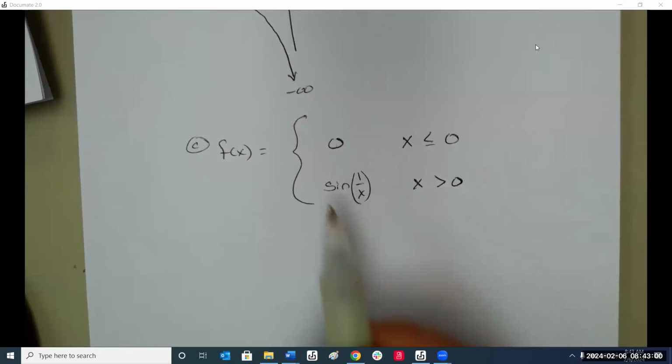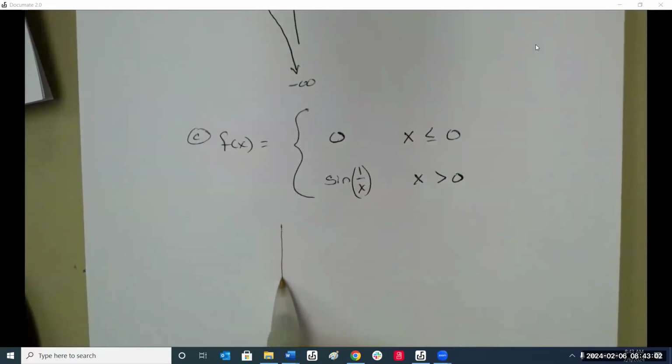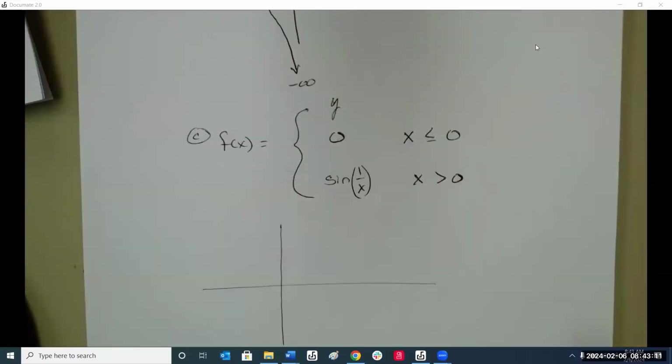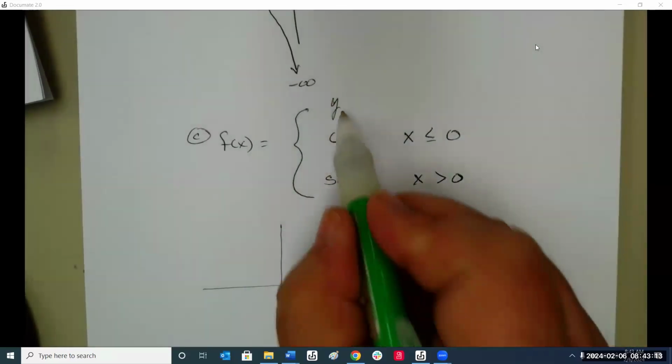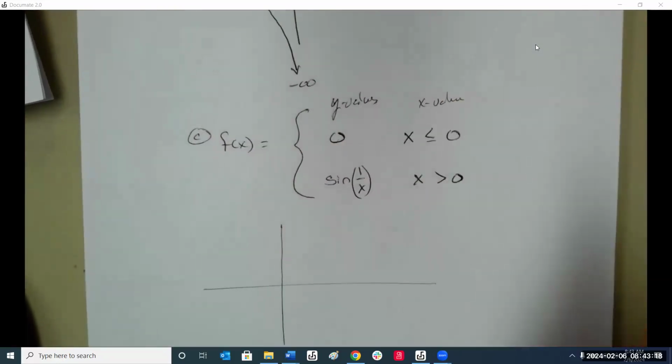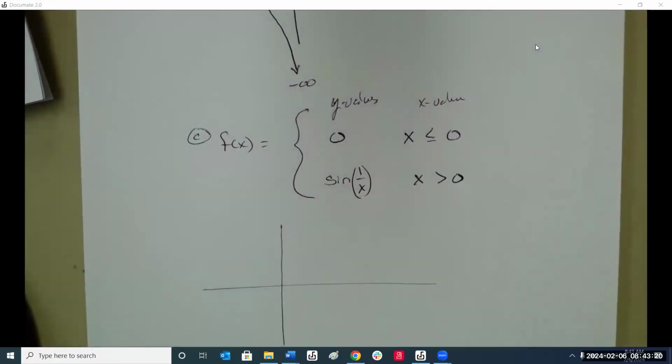It's a sine function. What do we know about the sine function? All these are the y values here. These are the y values. These are the x values. So what do we know about the graph of sine?